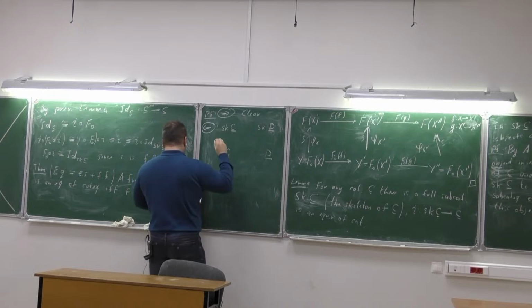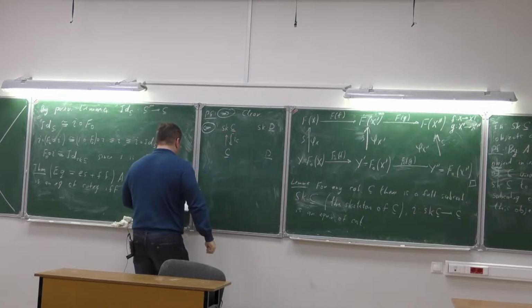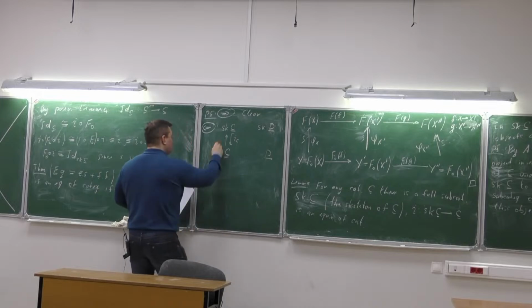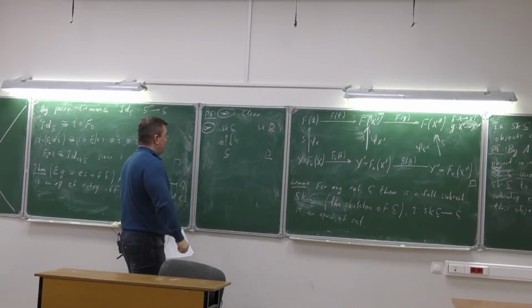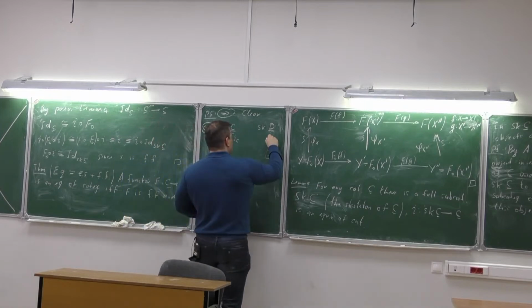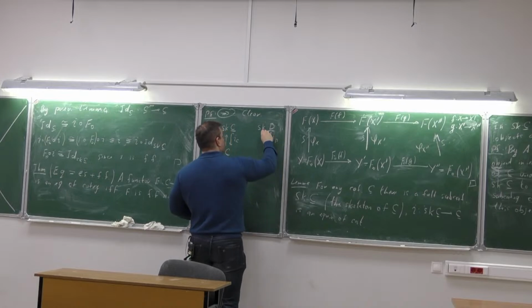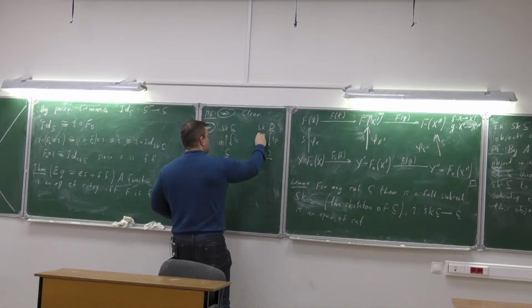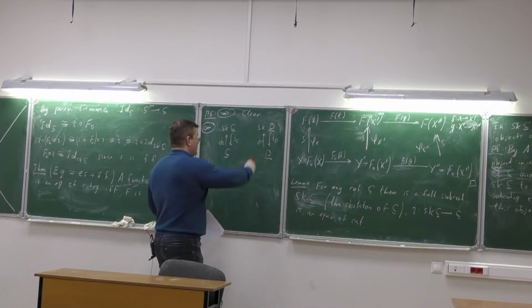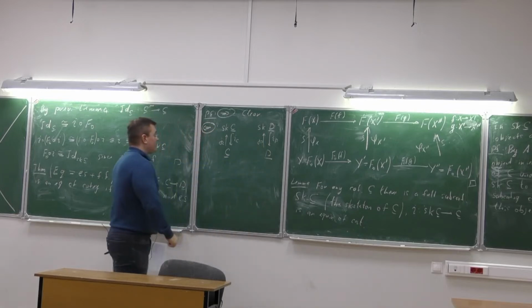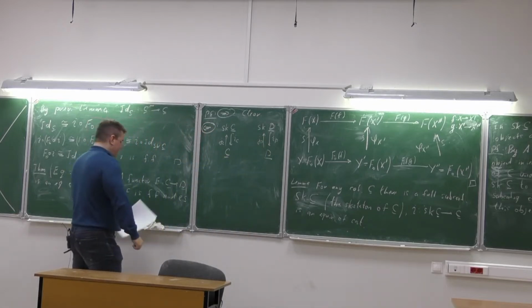So here I have the embedding, let me call this I sub C, and there is a functor going in the other direction which gives me an equivalence of categories. I want to call this functor J sub C. And the same for D: there is an embedding I sub D and a functor going in the other direction, J sub D, which gives an equivalence between the category and its skeleton.